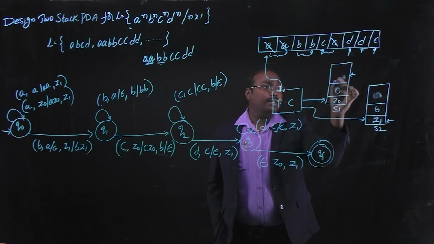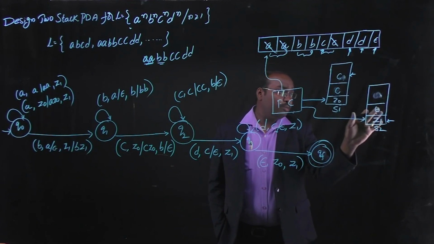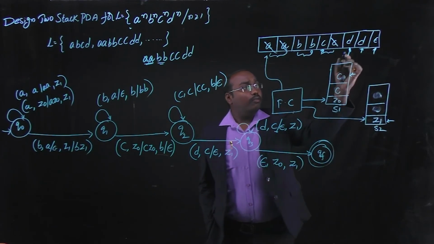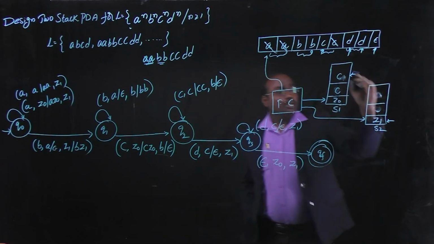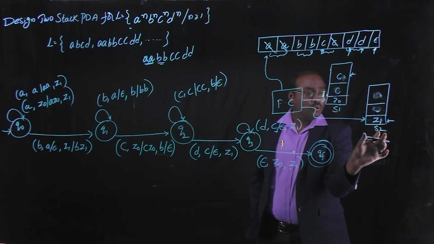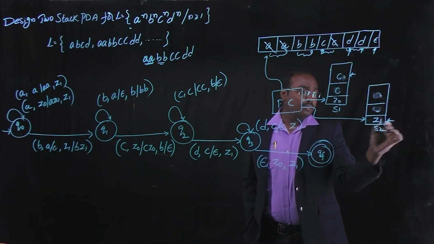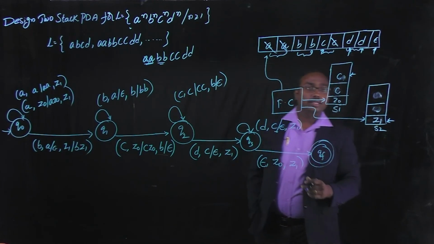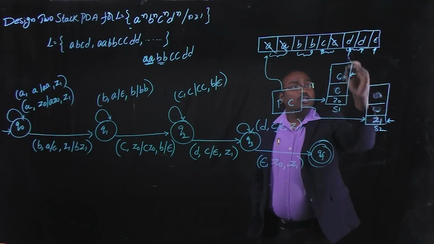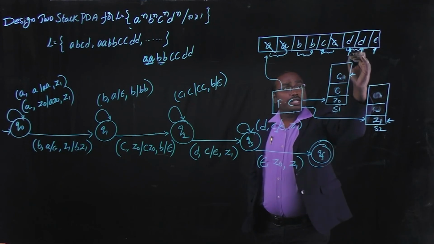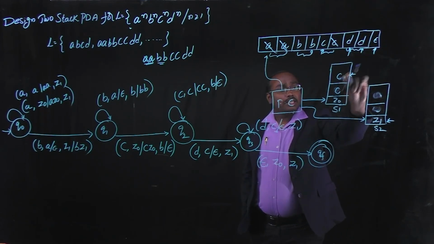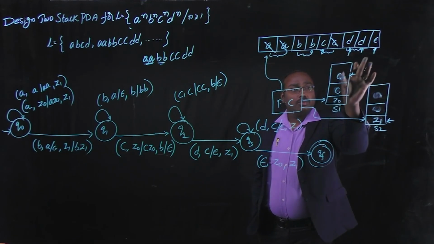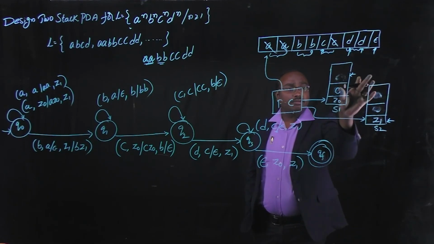By then stack 2 should be empty. So finally the top element is Z1, and stack 1 has as many c's as there are d's. Whenever we read d's, they remove c's from stack 1. For reading the first d we remove one, and for the next d we remove another.